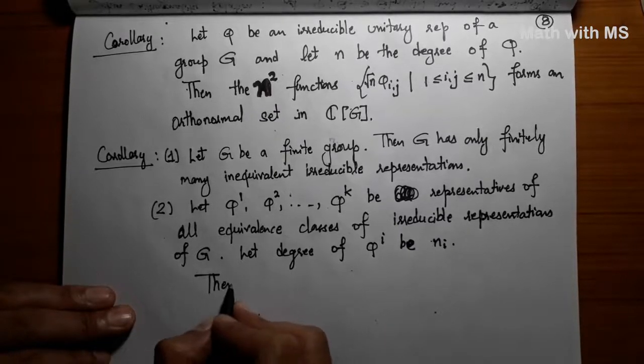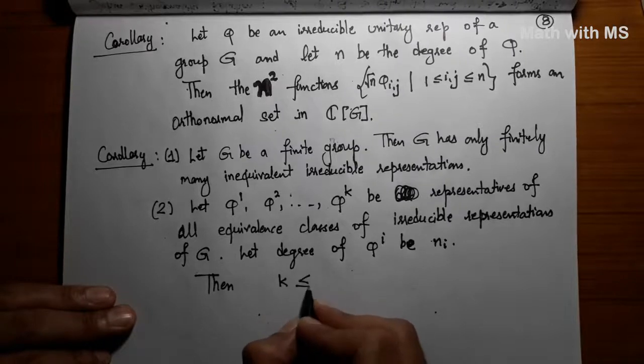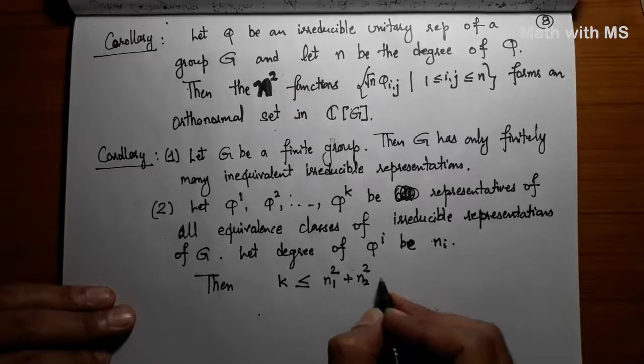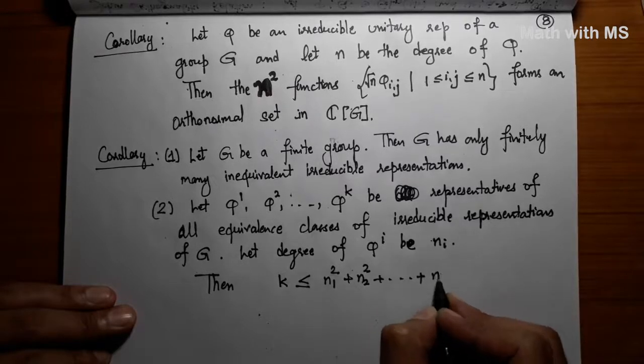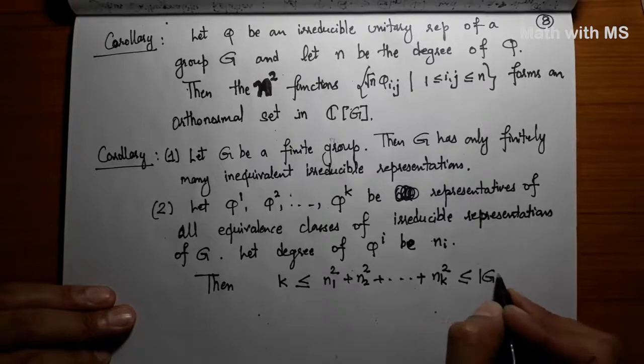Then we can show that k is less than or equal to n_1 square plus n_2 square plus up to n_k square, which is less than or equal to the order of the group G.